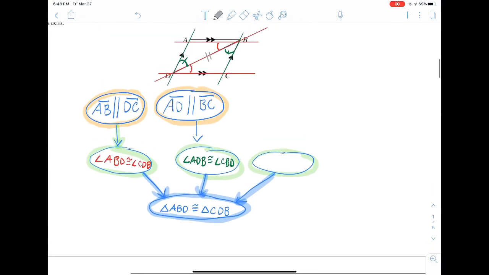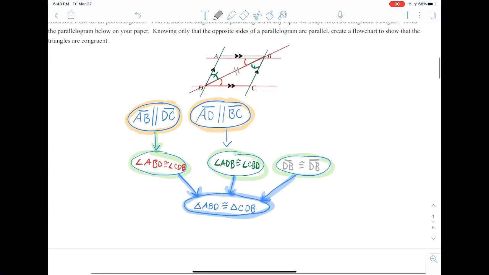So we're just going to say segment DB is congruent to segment DB. And there, by those three circles, we can conclude that the two triangles are congruent. Do you remember which triangle congruence conjecture tells us that those triangles are congruent? If you guessed angle side angle, you're right.